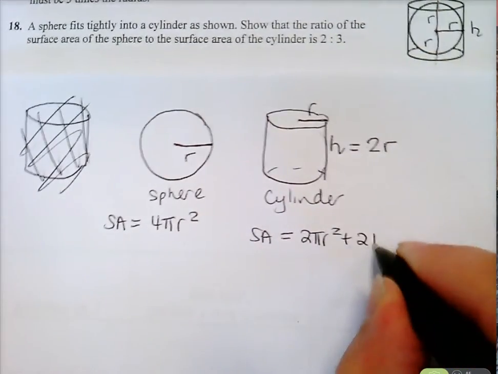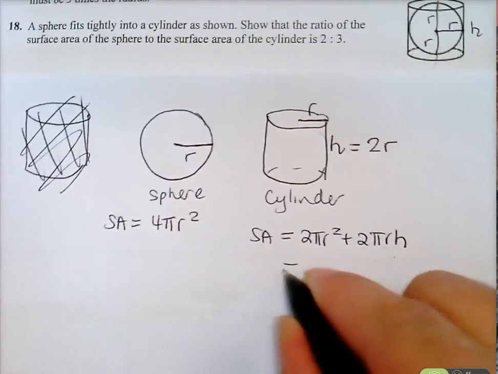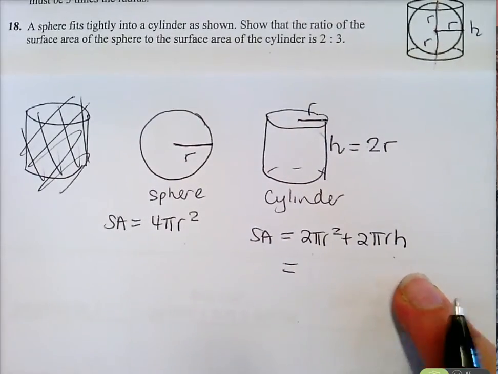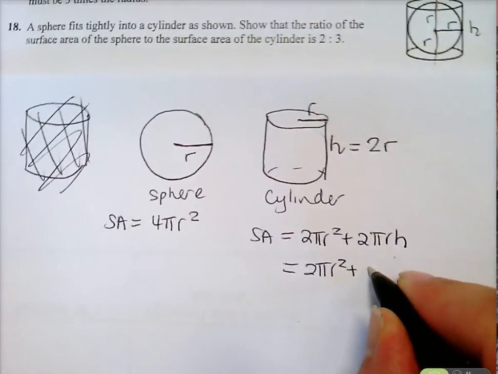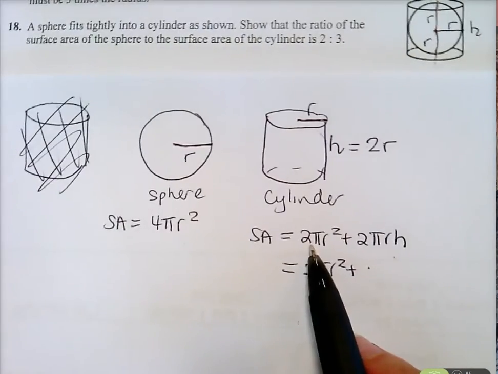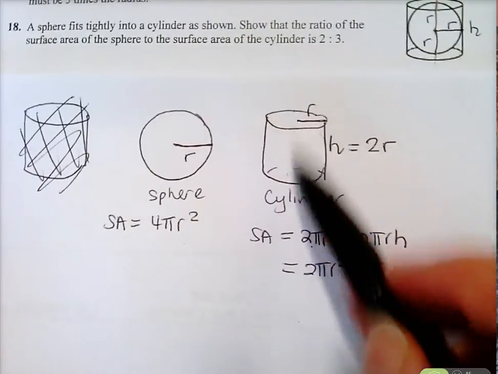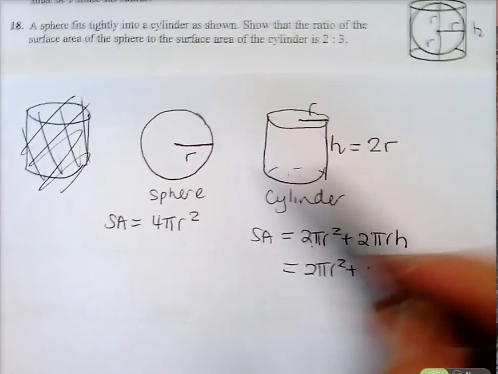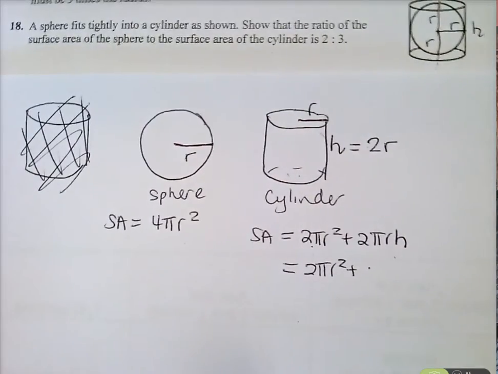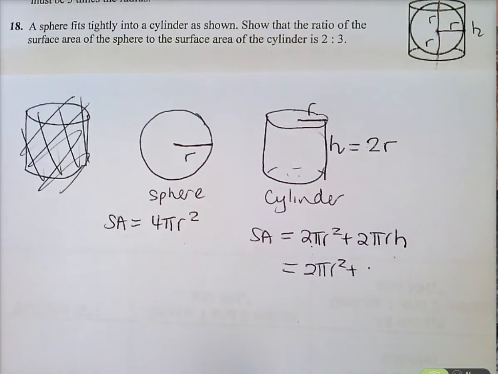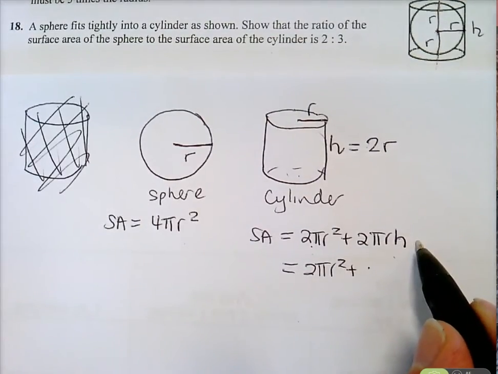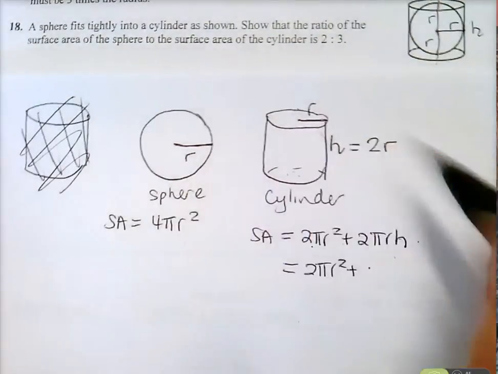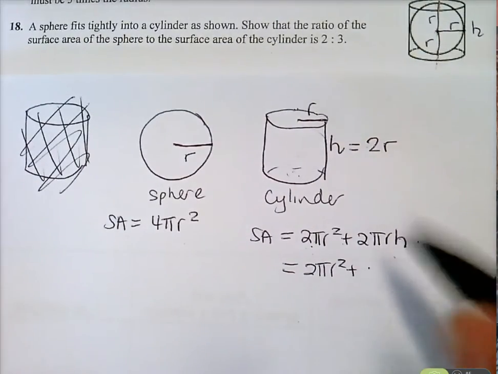Plus 2 pi R H. Now you can't compare those two because of the H. So it's really 2 pi R squared. No, that is the surface area of a cylinder. 2 pi R squared is the 2 circles, and the curved bit is 2 pi R H. I don't know what Sir taught you that lesson. 2 pi R squared is the 2 circles, 2 pi R H is the curved bit.